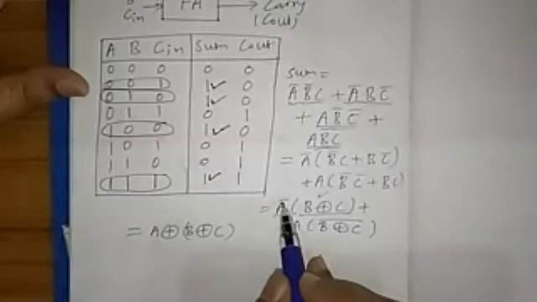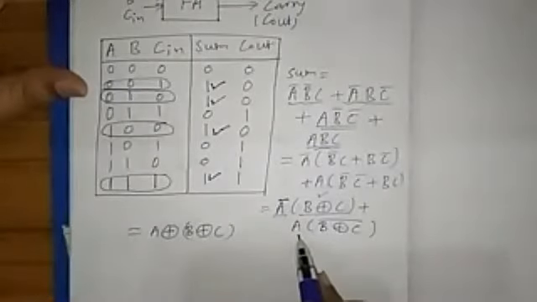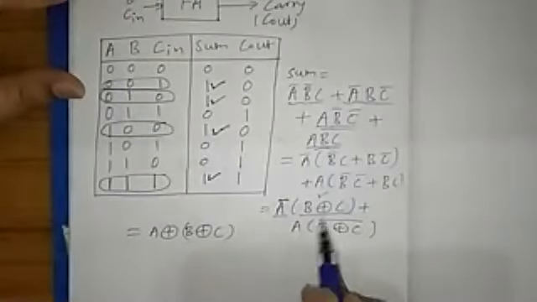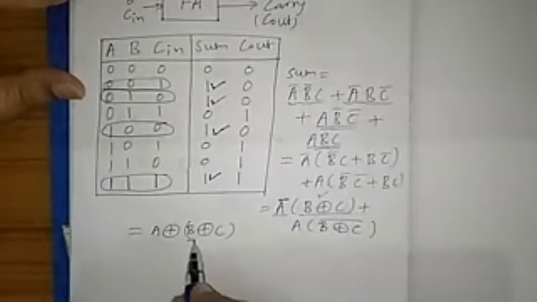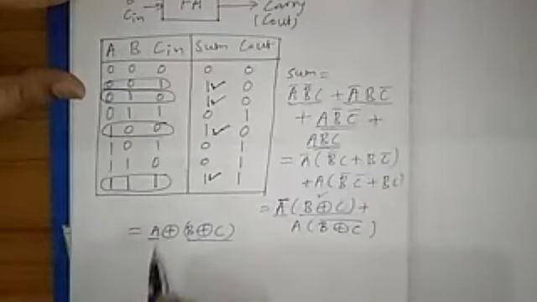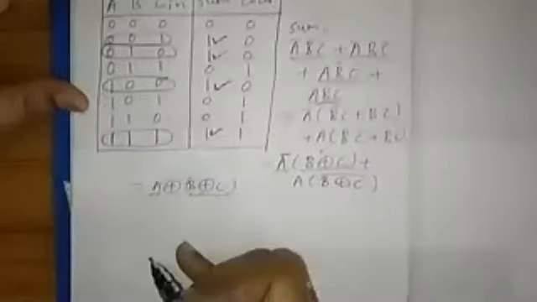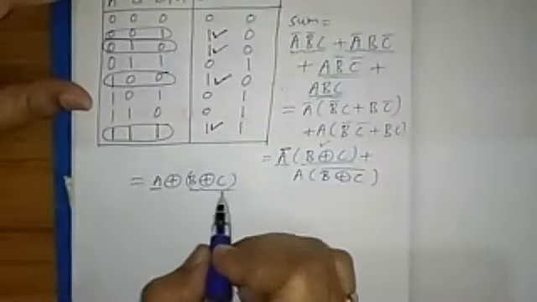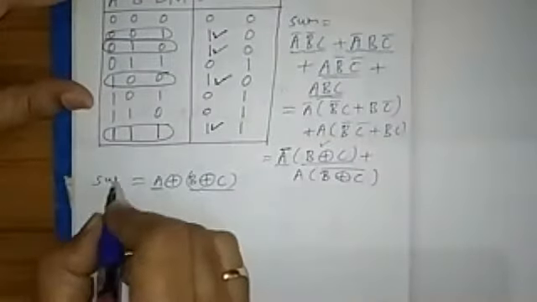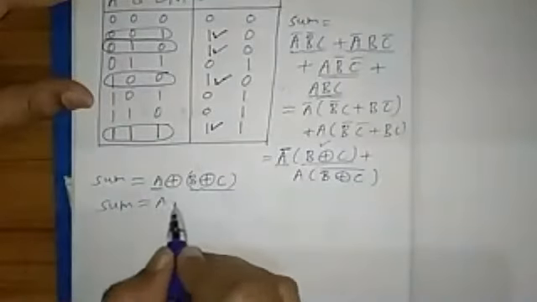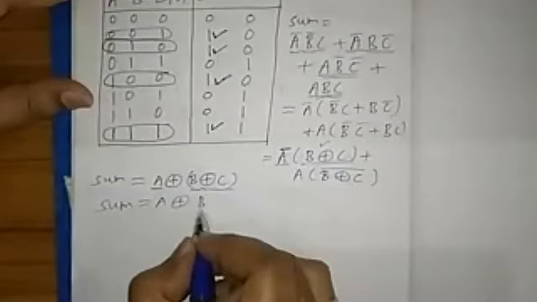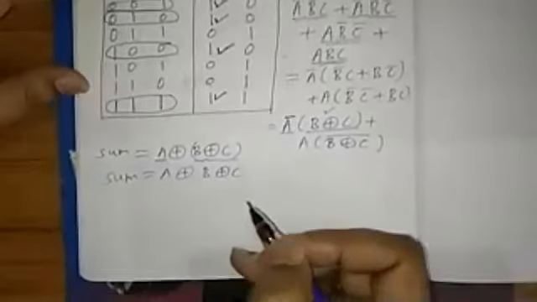And in the first term, A is one more variable, they have taken complement, and the other is not complemented. This is similar to A bar B plus A B bar. Therefore, if I consider B XOR C as one input and one more input A, in that case I can write A XOR B XOR C. This is the sum. Therefore I can write sum is equal to A XOR B XOR C.